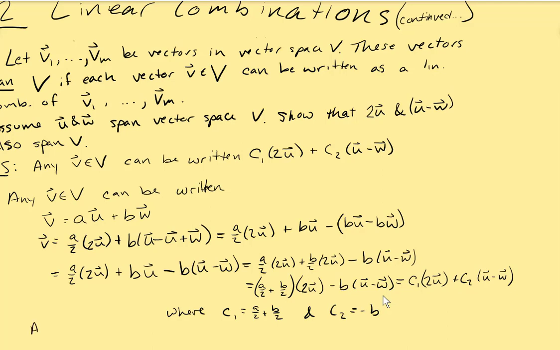So we know, since we started out with an arbitrary vector v in this vector space, we can always pull this off and find a linear combination of 2u and u minus w that equals our original vector.